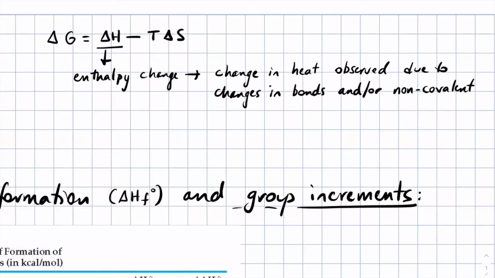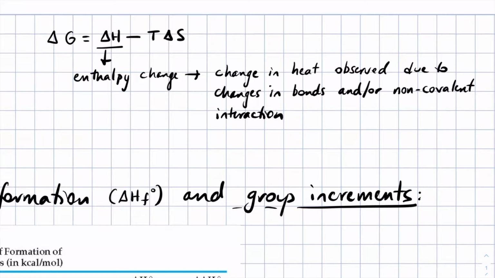We've talked about bonds a little bit. We haven't talked about non-covalent interactions much. We're going to do that in a coming chapter. All right. So when a reaction happens, there's a change in enthalpy, which is related to the change in the energy of the bonds that you formed versus the bonds that you broke.